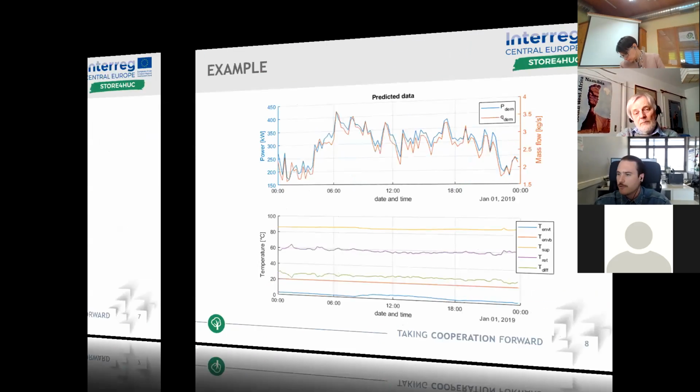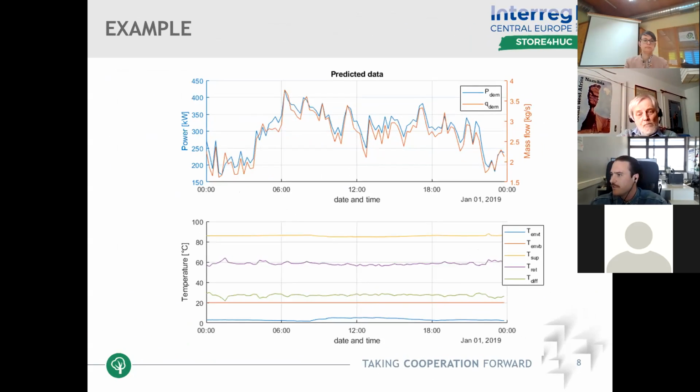So to show you some example, the upper graph shows the predicted demand of power and flow. The blue line is power in kilowatts, and the red line is mass flow in kilograms per second. And from this picture, you can see that this flow pretty much follows the power, or the other way around.